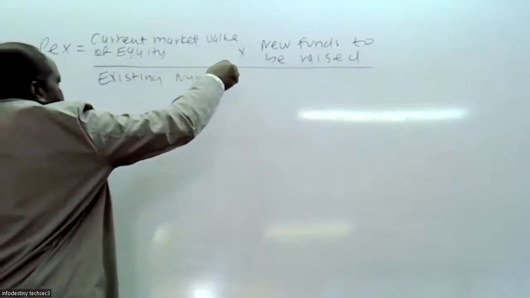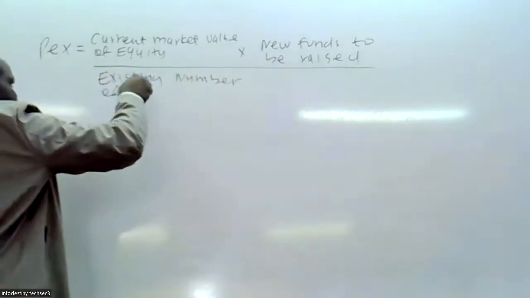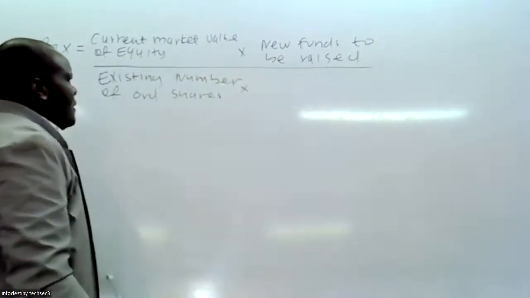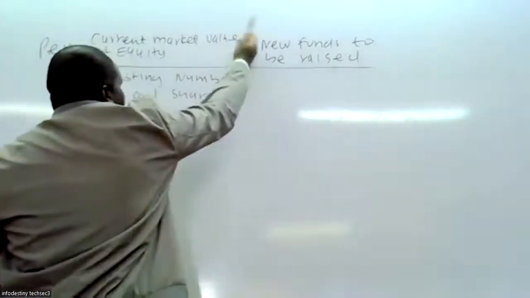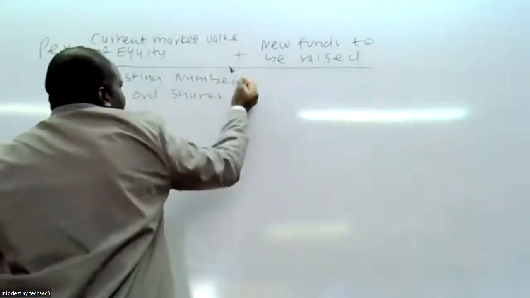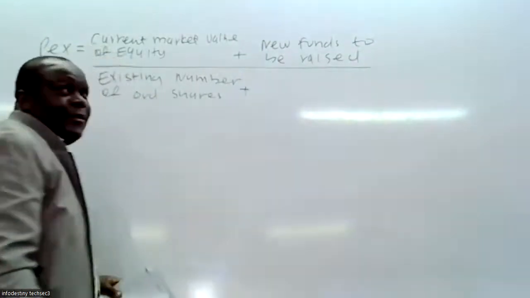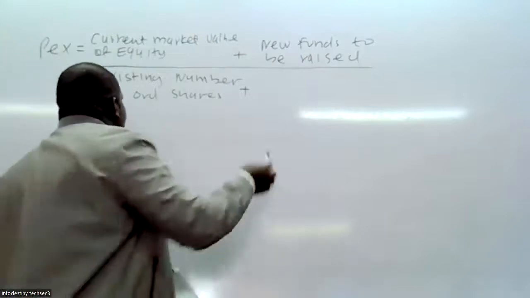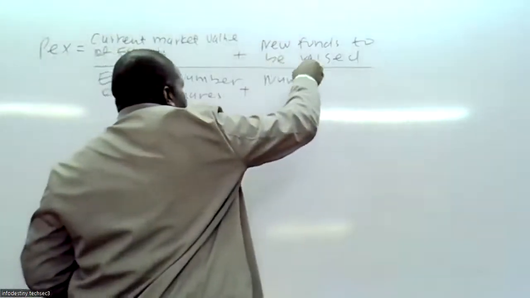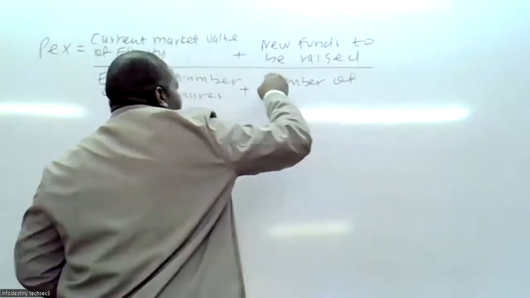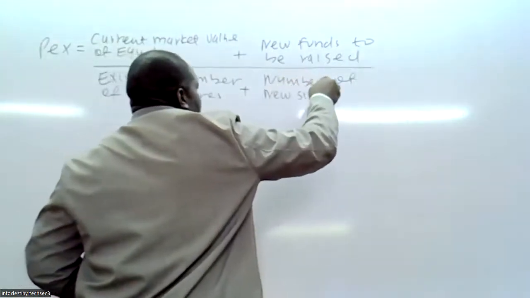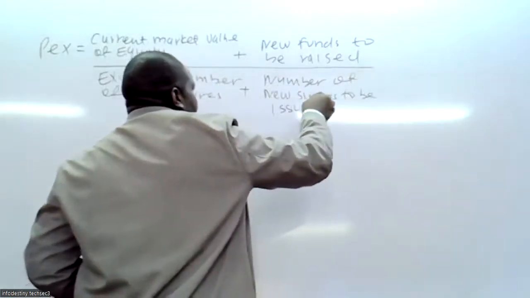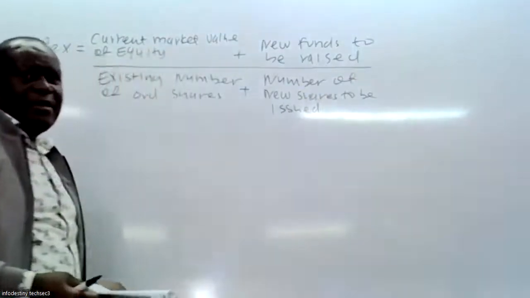Not multiplication, but it was addition. Then we add the number of new shares to be issued.